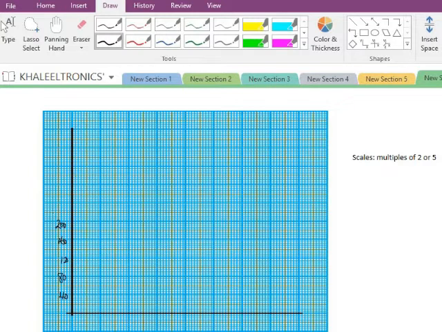Now remember that this is our axis for stress. I'm going to try to write stress, and it has a unit of Newton per millimeter square.